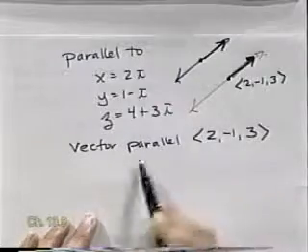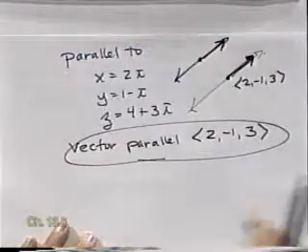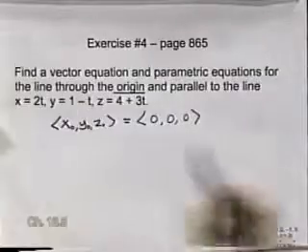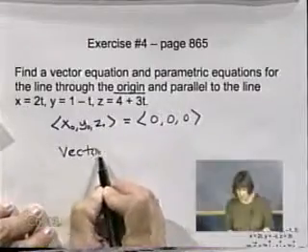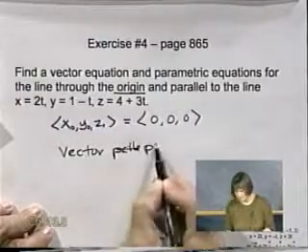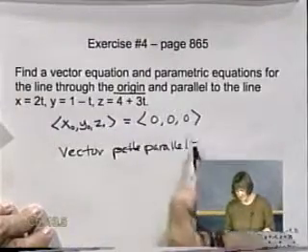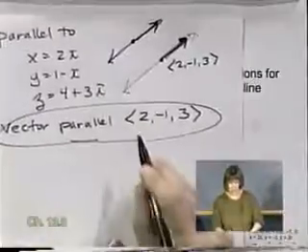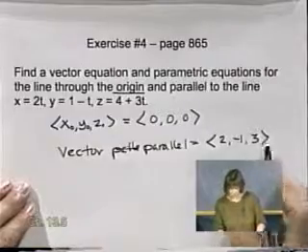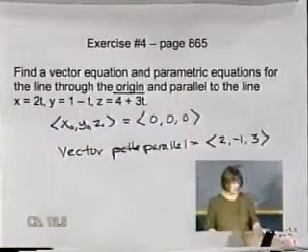So now I have a vector parallel to my line, and I have a point that's on my line. Okay? So a vector parallel to my line, I didn't spell parallel right, but you had the idea, is going to be, you guys told me it was <2, -1, 3>. You want to do vector equation first or parametric equation first?